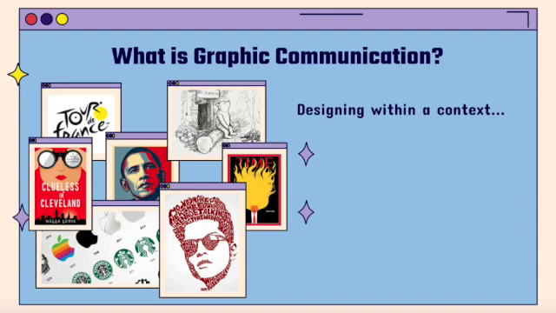For example, the company Nike might want a new advertising campaign where they want portraits of influential athletes from the past 4 years or something like that. We might then have to go away, look at these different athletes and then produce a portrait. Maybe they want a digital illustration, maybe they want some sort of digitally edited photograph that can then go in their new advertising campaign. So that's our job in terms of graphic communication.